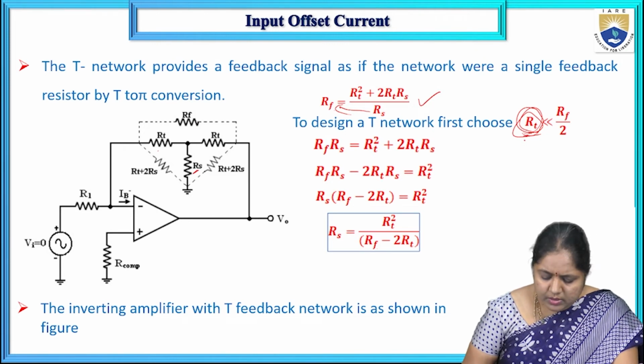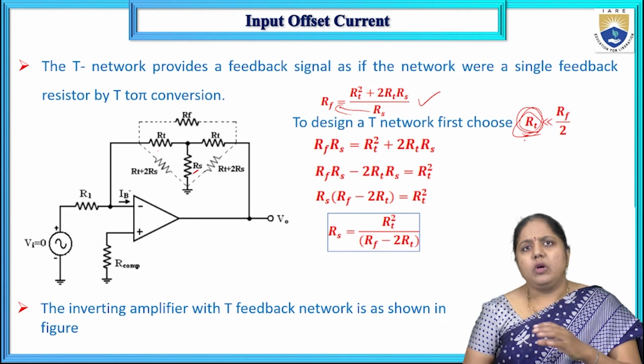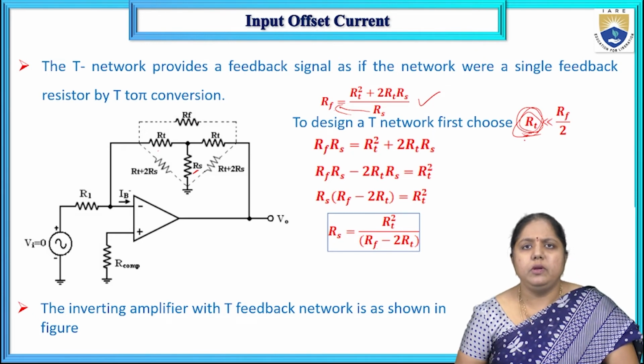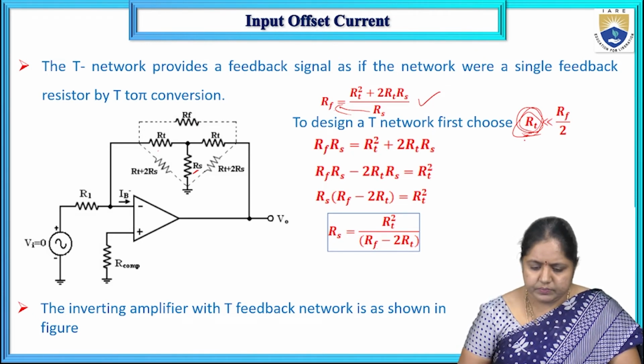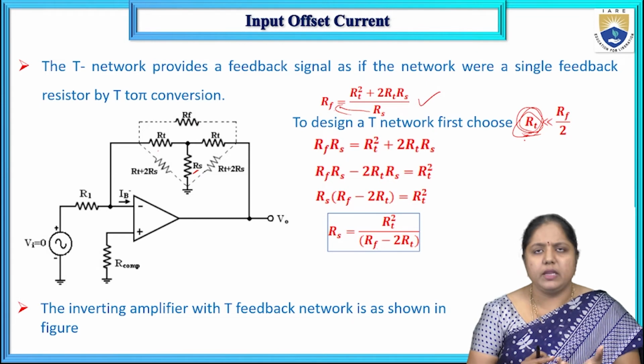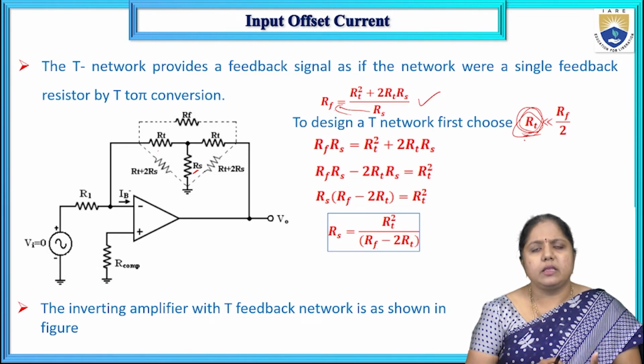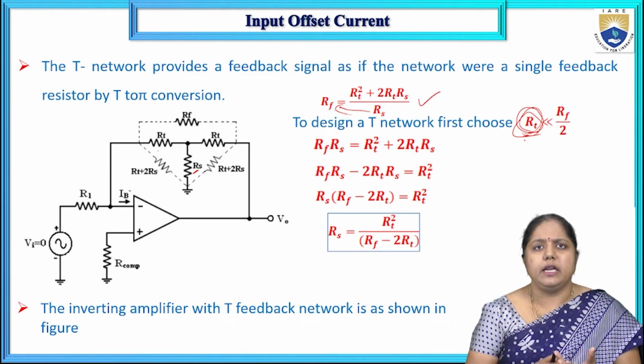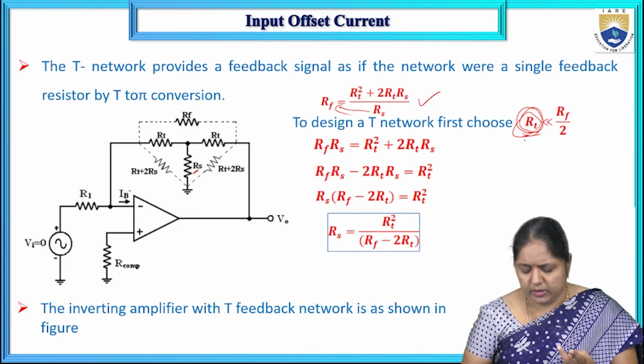This is the compensation with respect to the input offset currents. Till now with respect to currents we have discussed the input bias current and input offset current, two types of currents.